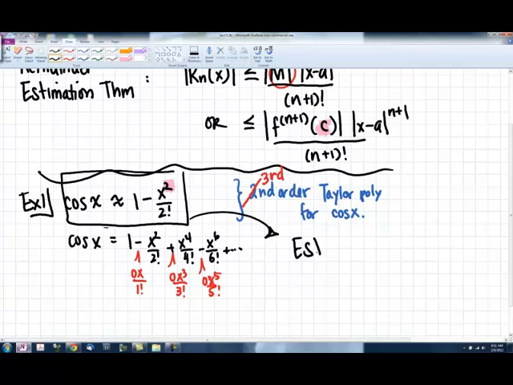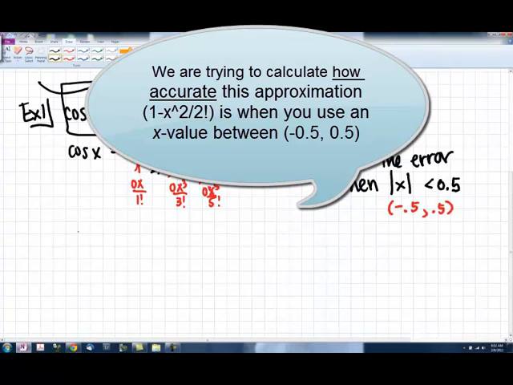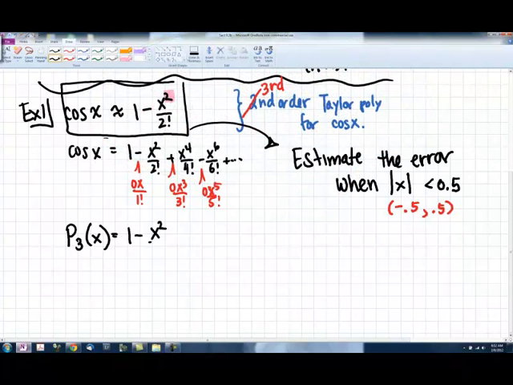So I want to estimate the error when the absolute value of x is less than 0.5. Our cosine x, really, we're going to think of it as a third order Taylor polynomial, 1 minus x squared over 2. I'm going to rewrite the 2 factorial as a 2, which means then we're going to use n equals 3 because it'll be a third order P sub 3, and also a is 0.